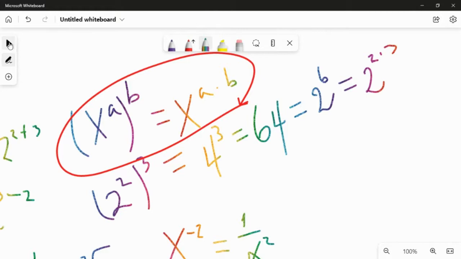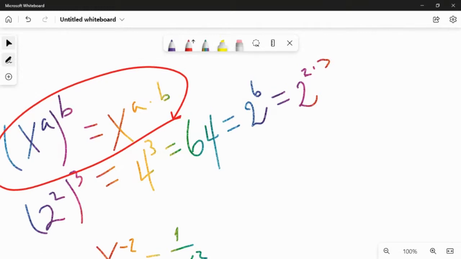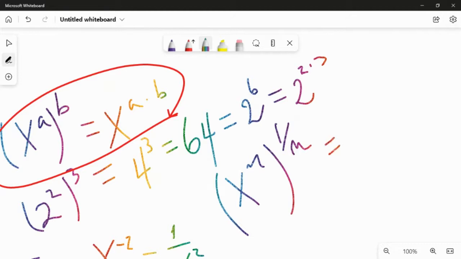Now think about it. Because if we have x raised to n, and then if you raise it to 1 over n, in other words, we take the nth root of x to the n, then it will become x, because of that rule, right? It's going to be x raised to n times 1 over n.